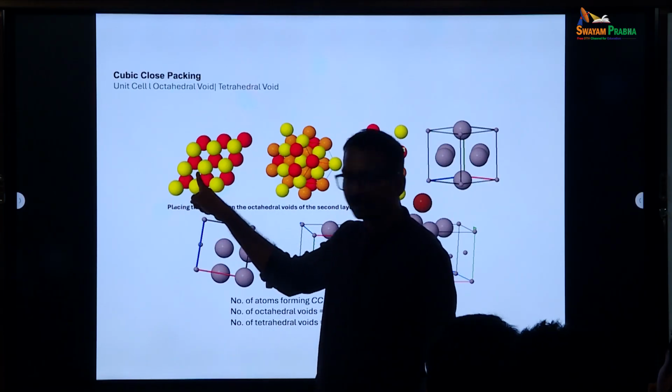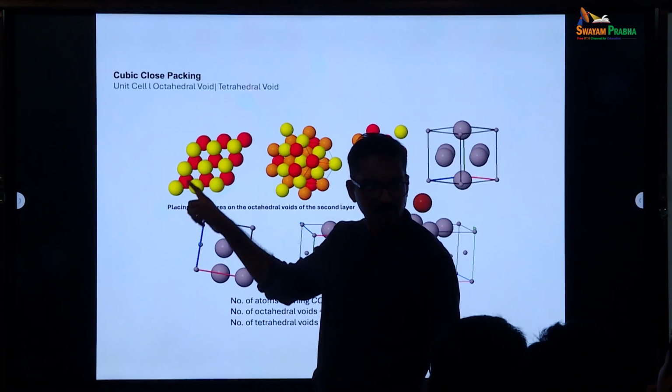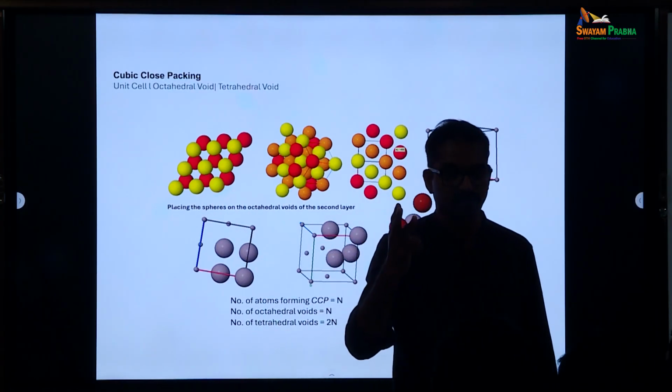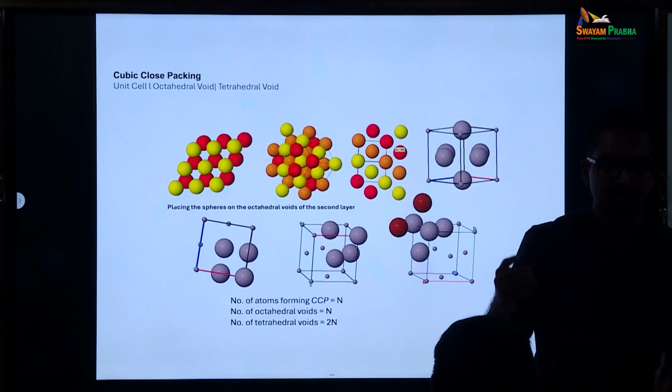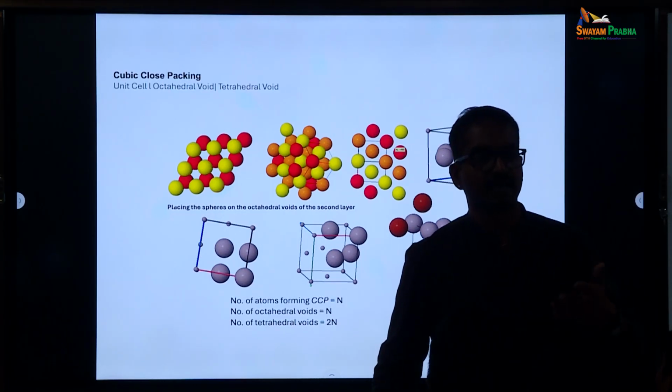It repeats. So if you put the orange one, which is the third layer, and then if you connect the atoms the way I connected, what you get is a face-centered cubic lattice. What is a face-centered cubic lattice?